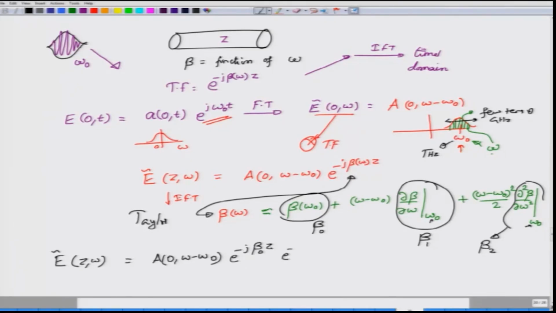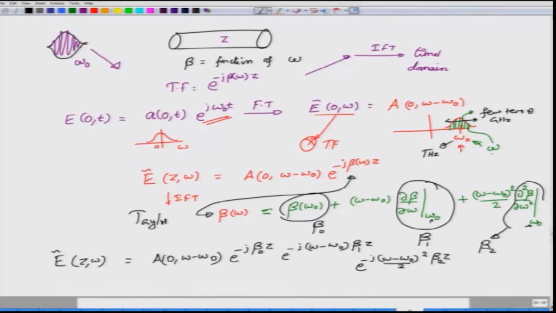Then you have the next term, e power minus j omega minus omega 0 beta 1 z. Please remember, beta 1 means the first derivative of beta with respect to omega. The next term will be e power minus j omega minus omega 0 squared by 2, times beta 2 times z. So, this is the transfer function.